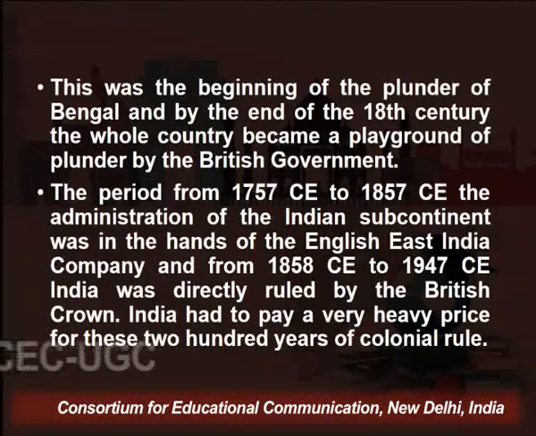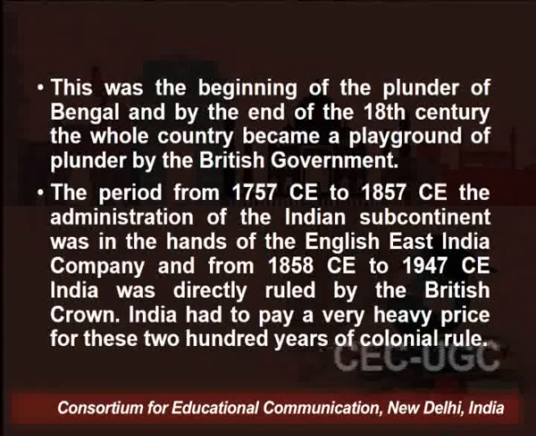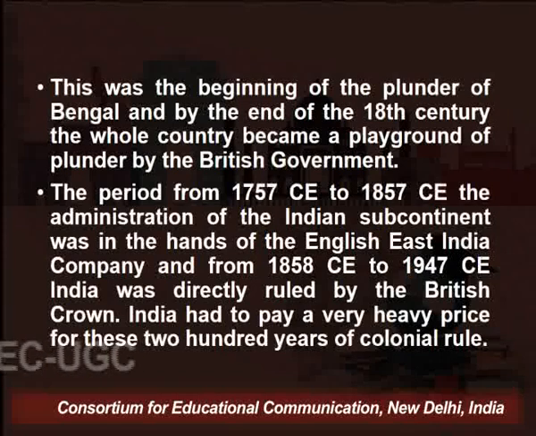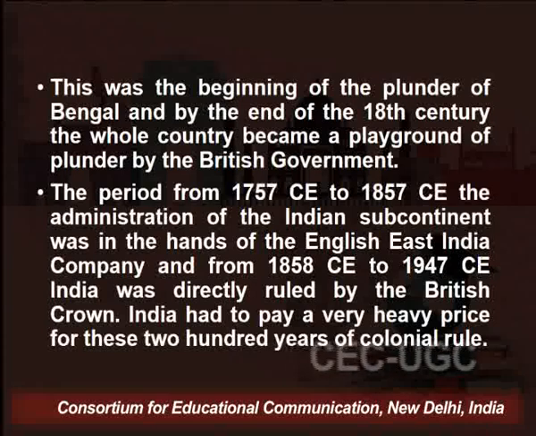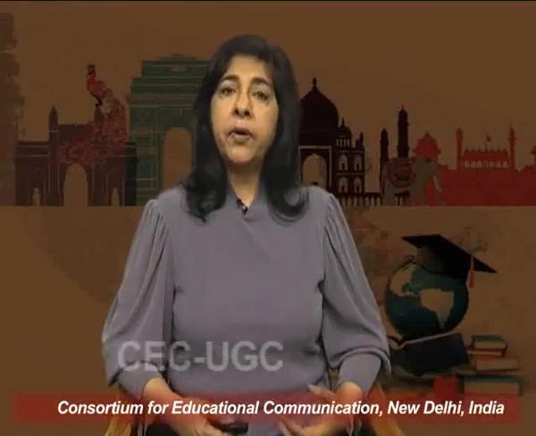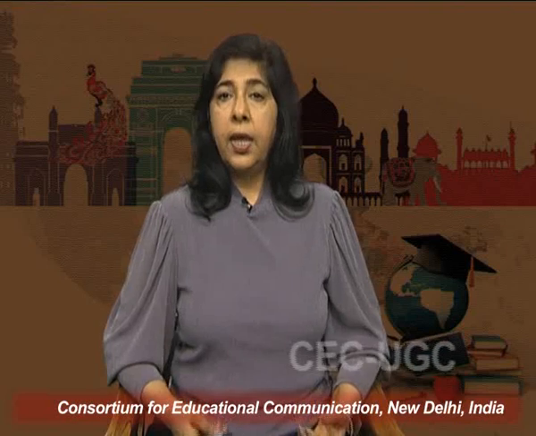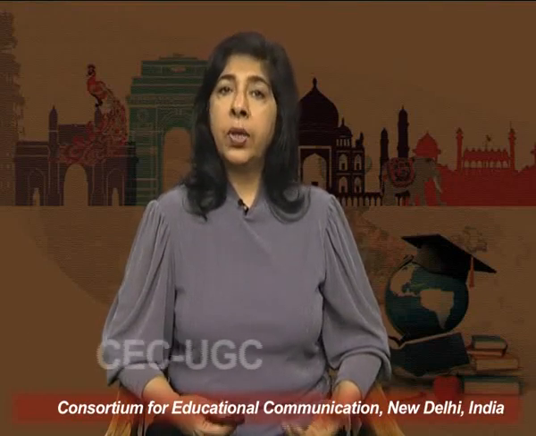So the period from 1757 to 1857, when the administration of the Indian subcontinent was in the hands of the English East India Company, and from 1858 to 1947, when the country came to be directly ruled by the British Crown, during both these periods, the loot and plunder continued. However, the nature changed.